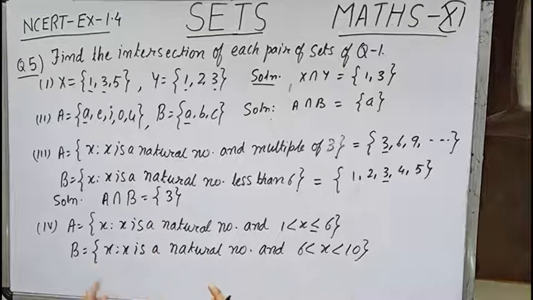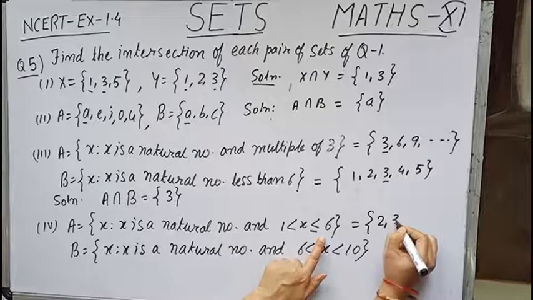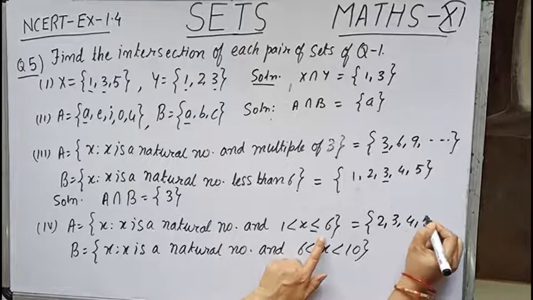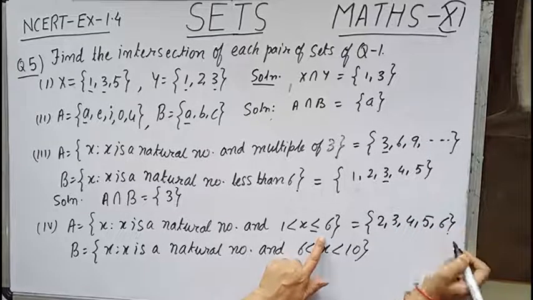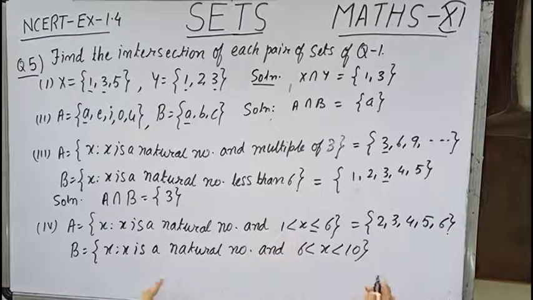Question number 4. A is equal to X such that X is a natural number and 1 is less than X, which is less than or equal to 6. So this will be the set containing 2, 3, 4, 5 and 6, because 1 is less than X, that is X is greater than 1. So X will start from 2. Now B is equal to X such that X is a natural number and 6 is less than X, which is less than 10.